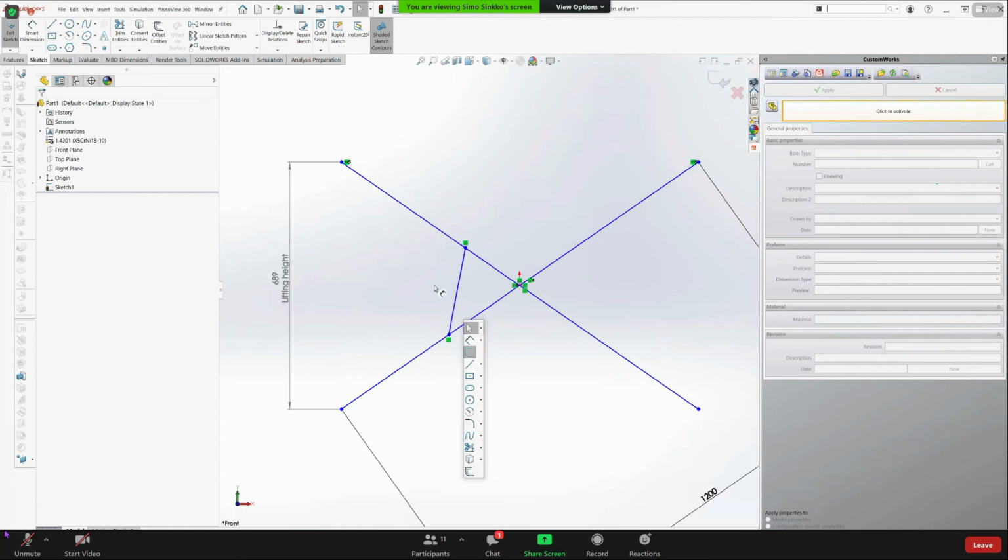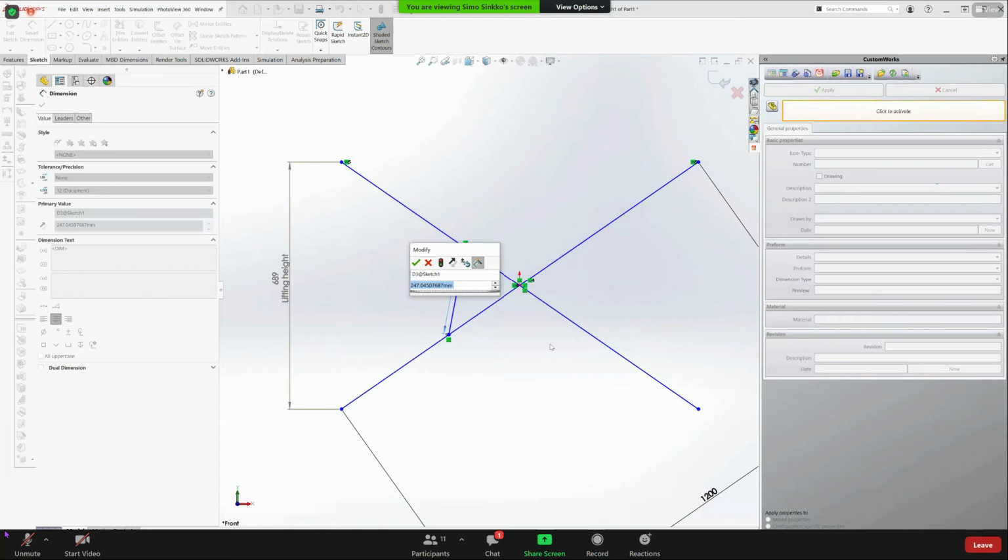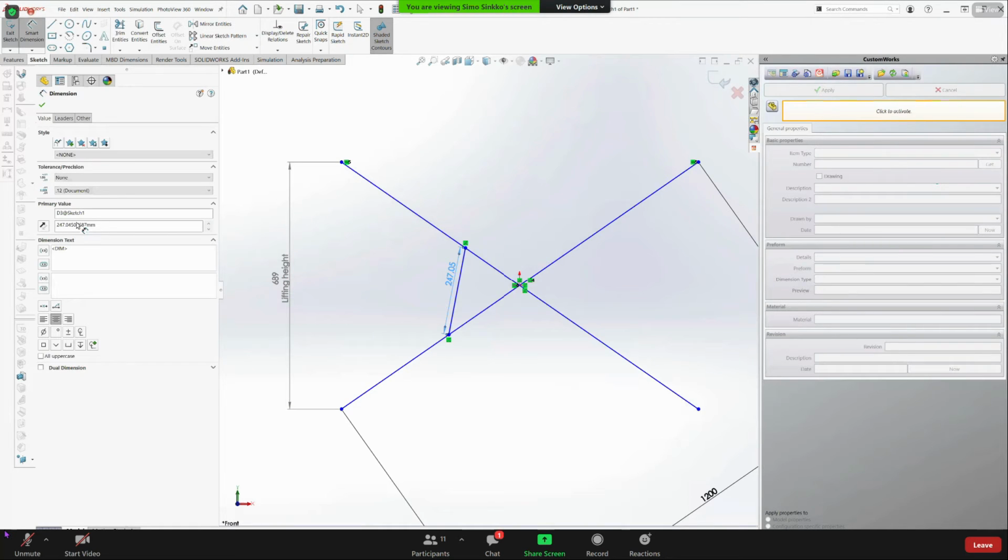But at the moment I just want to put here this dimension, and also here I will tell that the cylinder total length, and it is also a driven.